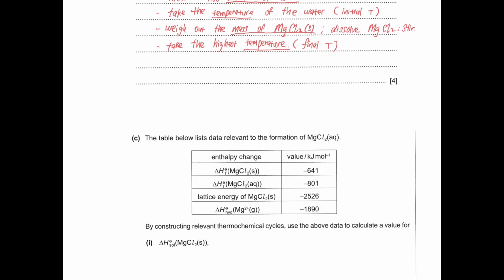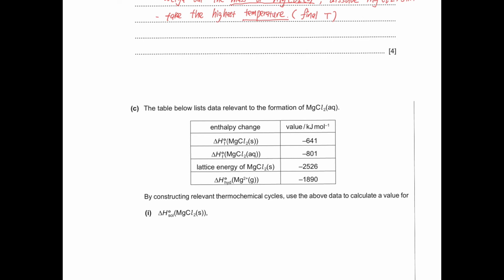Part C. The table below lists data relevant to the formations of magnesium chloride. So we have the formation of magnesium chloride solid, and the formation of magnesium chloride aqueous. Let's see the difference between these two.